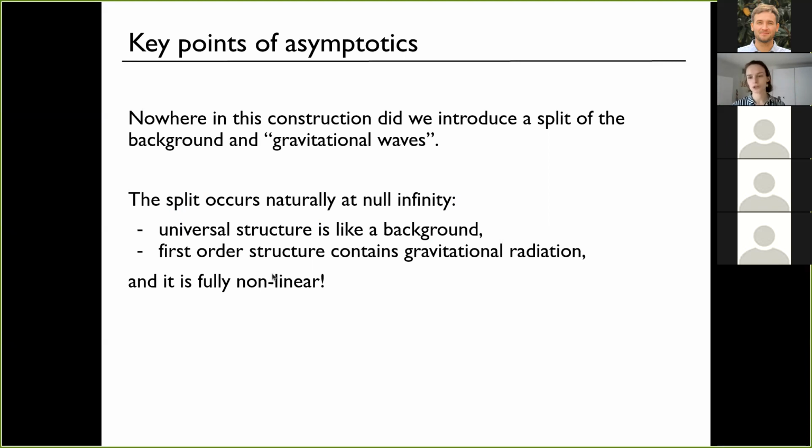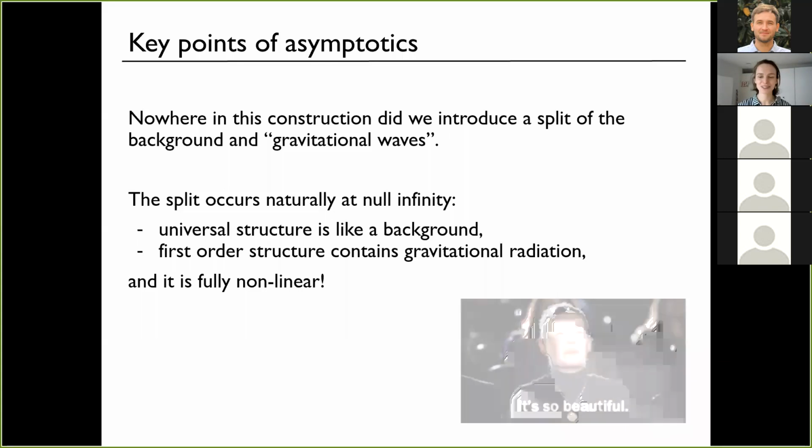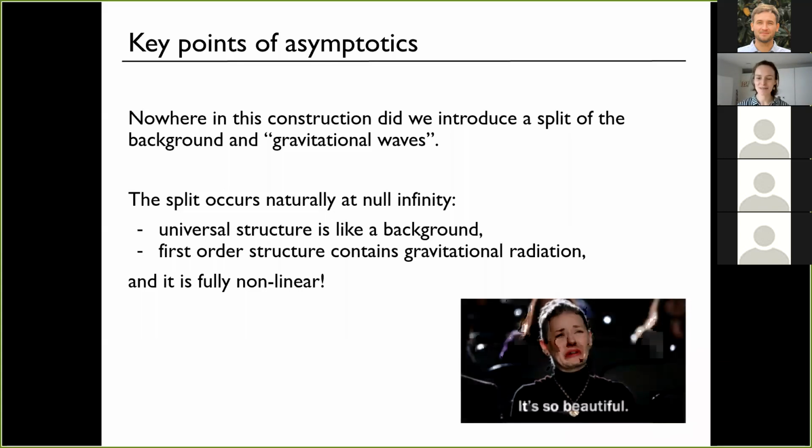And the first order structure, which I didn't show to you, but it's there, is what contains the gravitational radiation. And it's completely fully non-linear. So this is really proper non-linear GR and allows us to still make this canonical split. And I think this is a moment to say, wow, this is absolutely so beautiful. Yeah, really. It makes me really happy that this kind of structure does exist in GR.